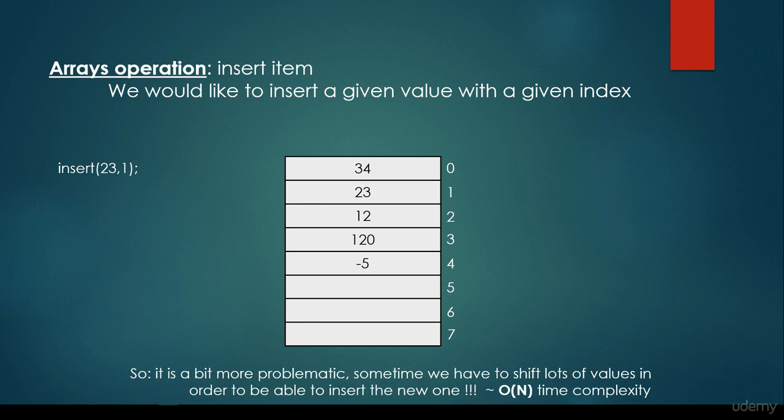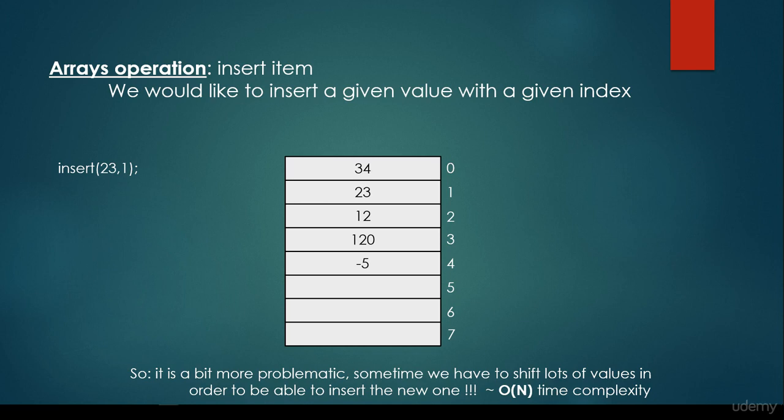Let's consider the fact, for example, that we have 10,000 items in an array and we would like to insert some other value at the beginning of the list. Then we have to shift 10,000 items. And that's why it's going to have linear time complexity, and that's why in this aspect arrays are not always good solutions, because linked lists are going to solve this problem in constant time complexity.